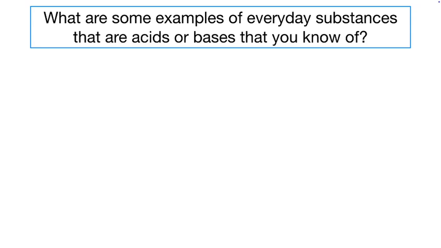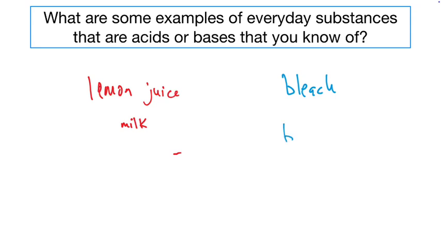So, what are some examples of everyday substances that are acids or bases that you know of? We're in our blue box situation, so blue box means? Yeah, talk. Share at your table, come up with some ideas. Baking soda. Okay, baking soda is actually an interesting one.